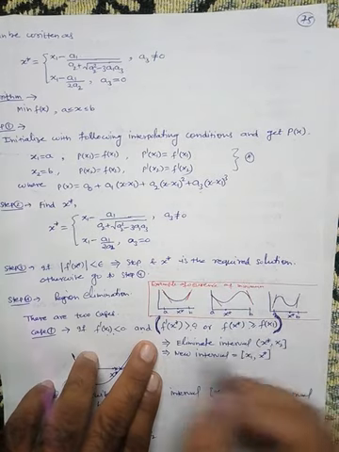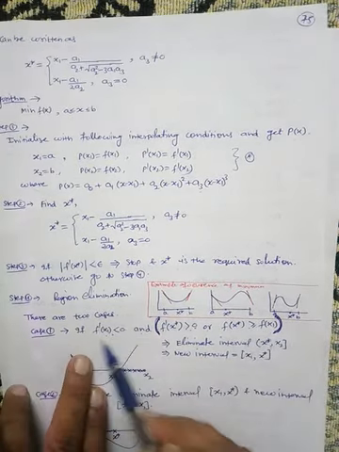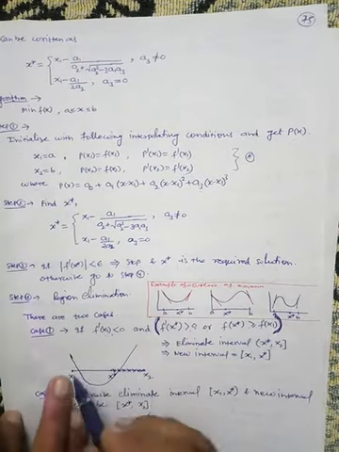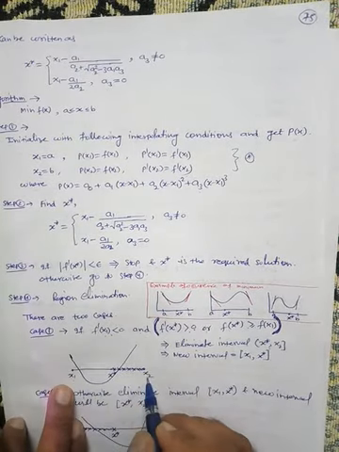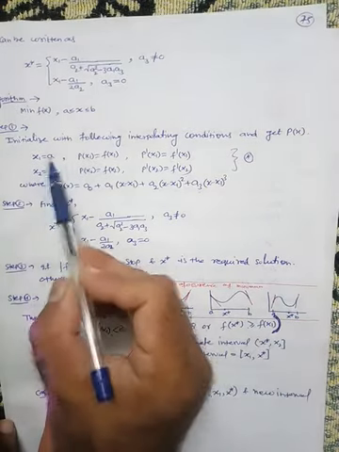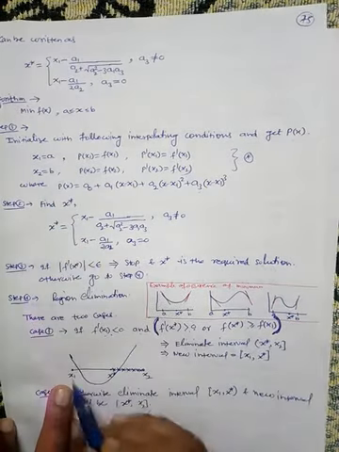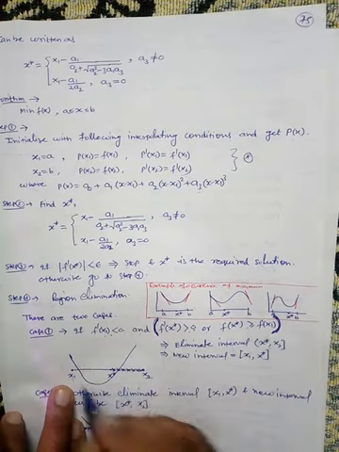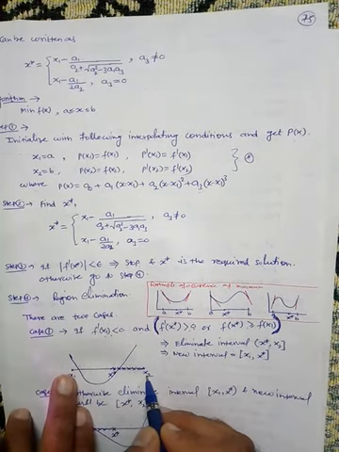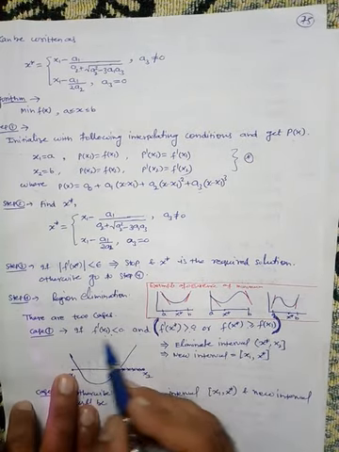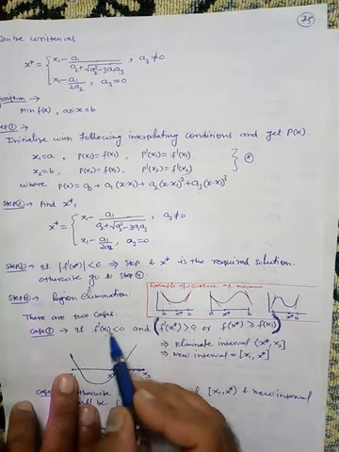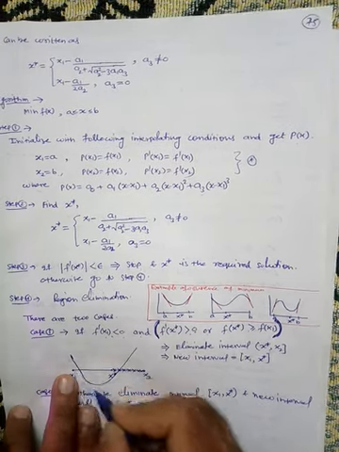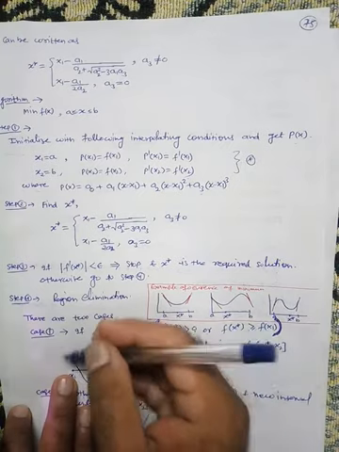What is the meaning of this? Initially we have the interval x1 to x2, because x1 is a and x2 is b, so a to b is nothing but x1 to x2. The first condition says that the derivative at x1 will be less than 0. That means the slope is negative, the function is decreasing in nature.